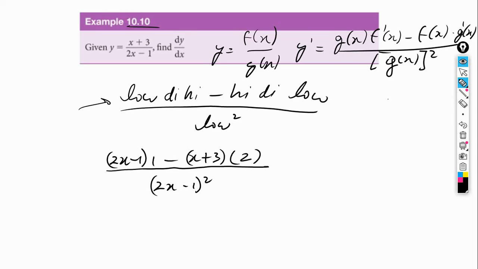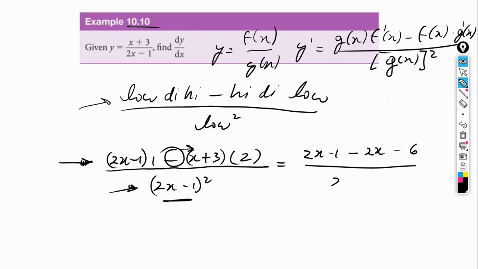So normally you're going to want to expand the numerator, but leave the denominator in this form where it's squared. Just leave it like that. So we're going to get here that it's going to be 2x minus 1 minus 2x minus 6, right? You have to be careful with this negative because it turns all the other signs opposite after the negative, right? So this over 2x minus 1 squared.